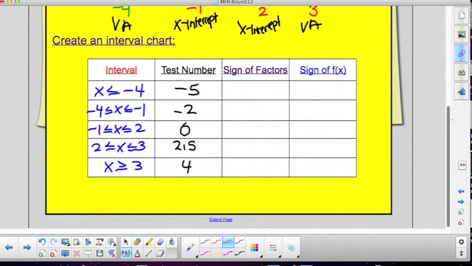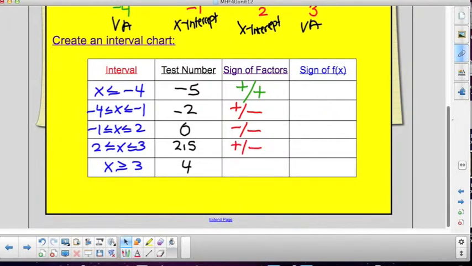Now my numerators multiplied together when this is my test number is going to give me a positive, and my denominators multiplied together is going to give me a positive. In this case over here, a positive and a negative. Negative divided by a negative, a positive divided by a negative, and a positive divided by a positive.